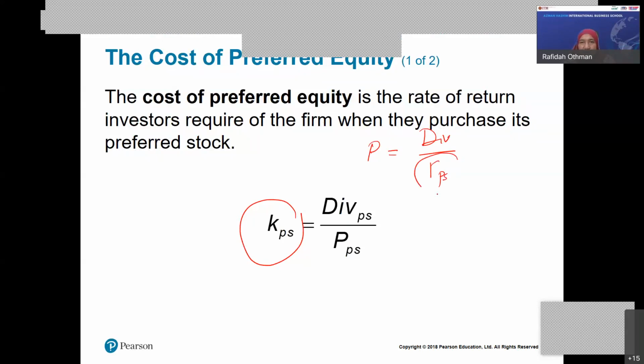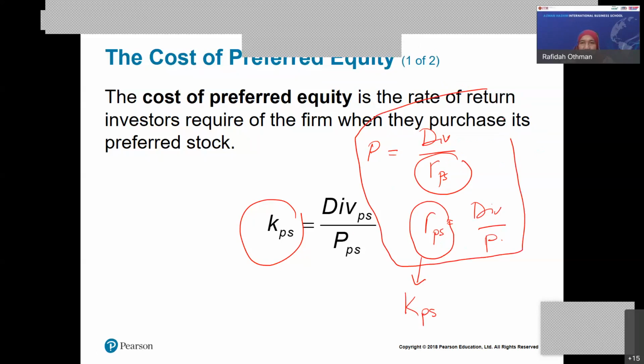So we bring this R here: R for preferred stock equals dividend divided by P. This R for preferred stock is actually the K for preferred stock. This is what we have learned before, so just use the same formula to find the cost of preferred stock.